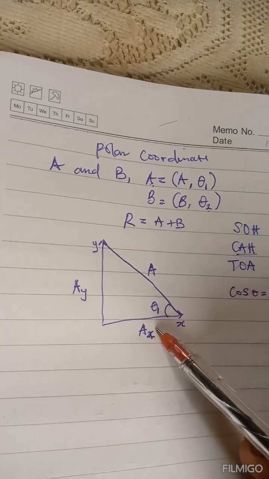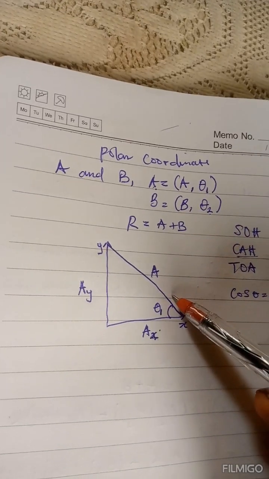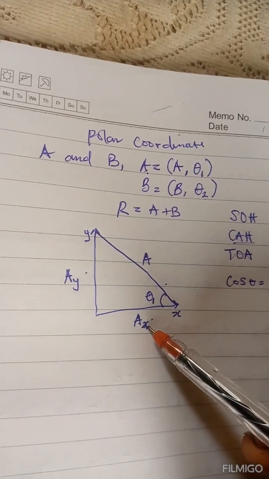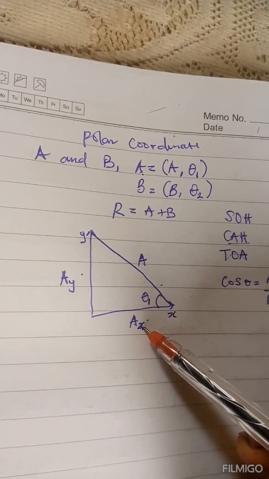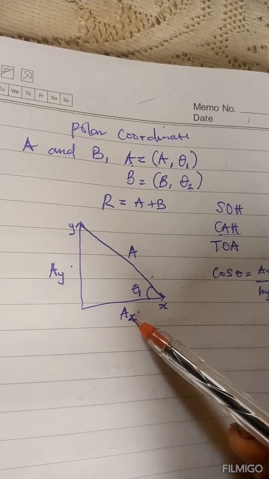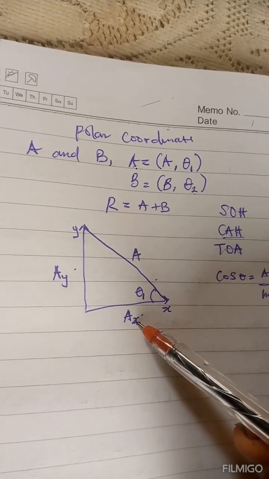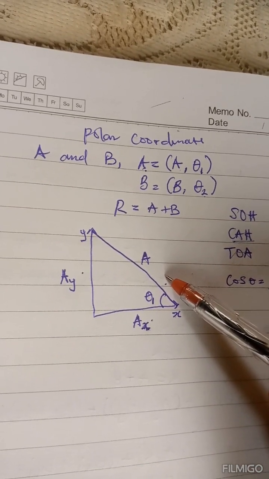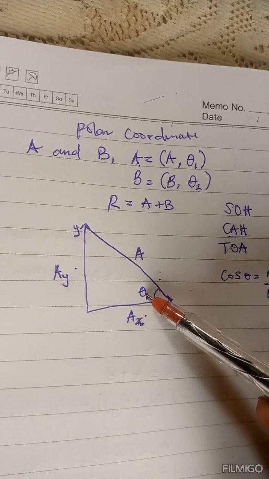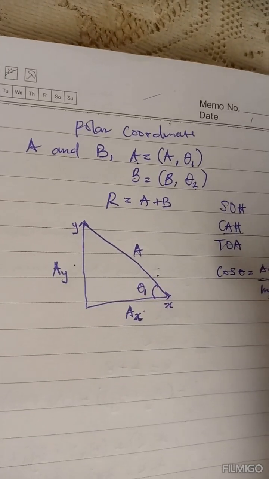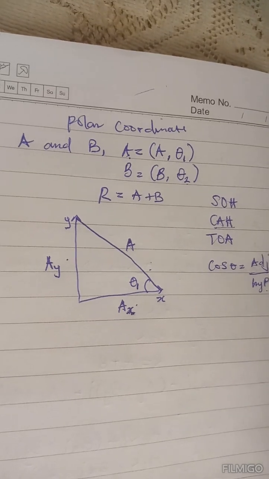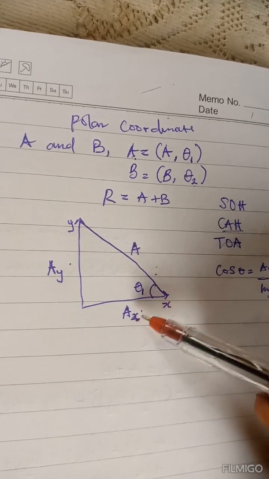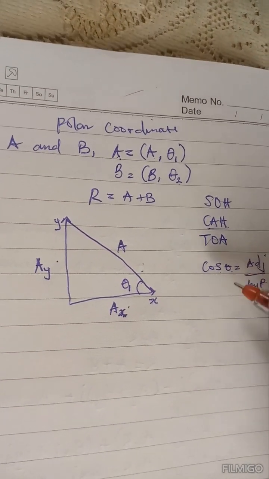So this is my adjacent, this is my hypotenuse, and this is my opposite. Okay, so I want to find Ax. Because I'm looking for Ax, I'm going to be taking the hypotenuse and my angle, and the trigonometric ratio that can help me find x in this manner is cos theta, or cosine theta.